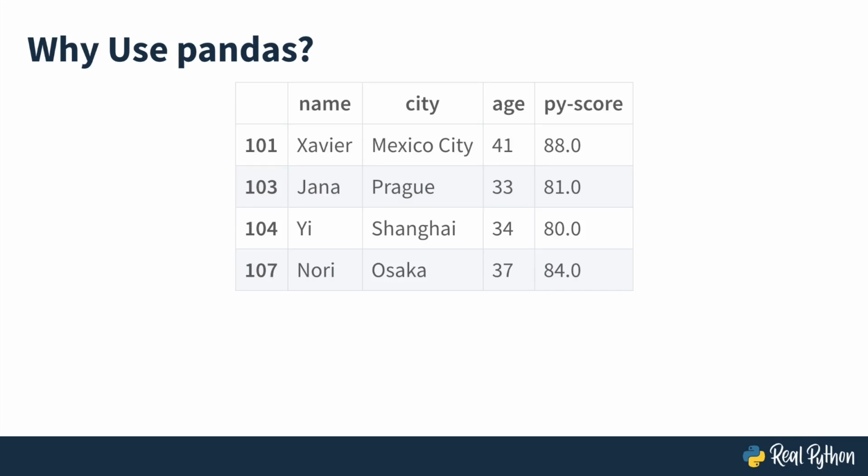And you may have noticed that in the code, there wasn't anything done with, say, sorting the candidates, say, from highest Python score to lowest Python score. We just looped through each of the candidates and then saved their information if their Python score was at least 80. Now let me show you how you would do this exact same thing using the Pandas module.